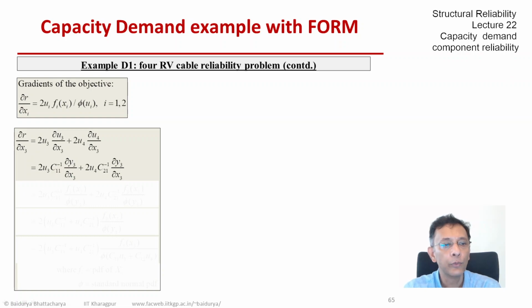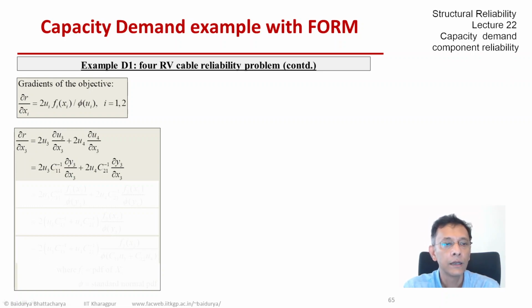So we see that the first, partial u3 with respect to x3, has the y3 term coming from the linear relationship we saw in the previous slide, and the second term, partial u4 with respect to x3, also has a partial y3 contribution.